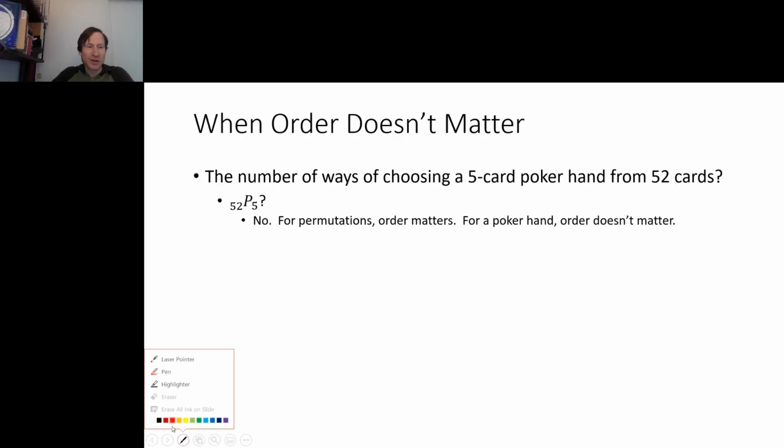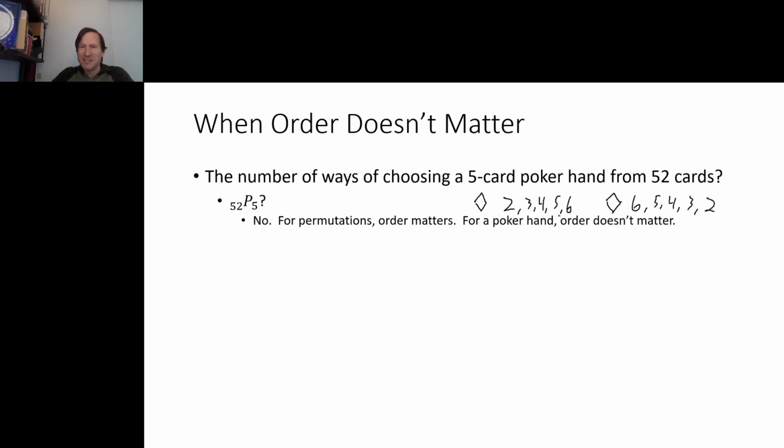Just for example, if you draw the 2, 3, 4, 5, and 6 of diamonds, is that a different poker hand or the same poker hand as all diamonds 6, 5, 4, 3, and 2? Well, these are actually the same poker hand. So for poker hands, order doesn't matter. But this permutation trick does keep track of order.